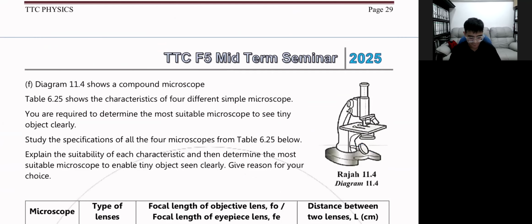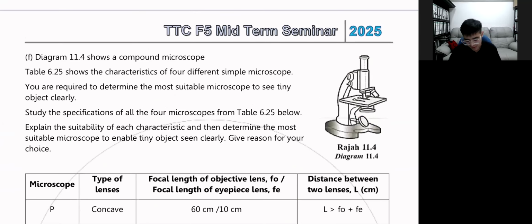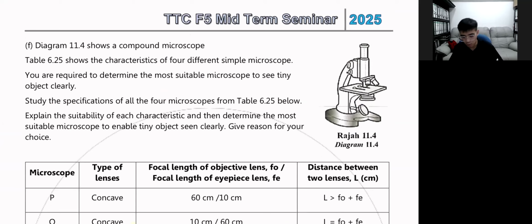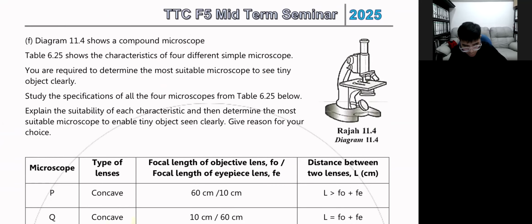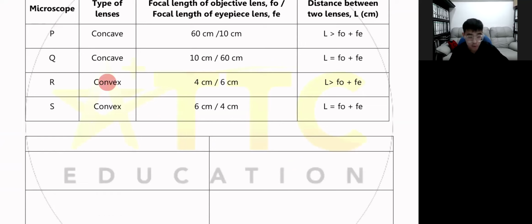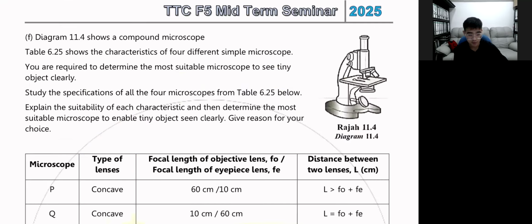Now, the last one, for microscope, is also the same thing, just everything reversed. In a microscope, you have to use a convex lens. It's also because you want to obtain a bigger image. If you use a concave lens, you will only get a smaller image. Do you know what a microscope is used for? Why do we use a microscope? There's only one reason.